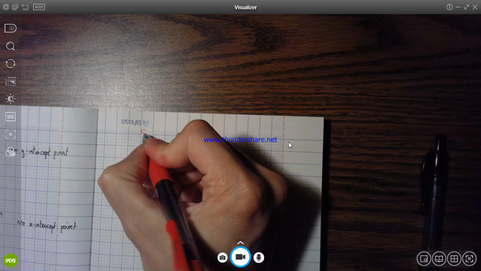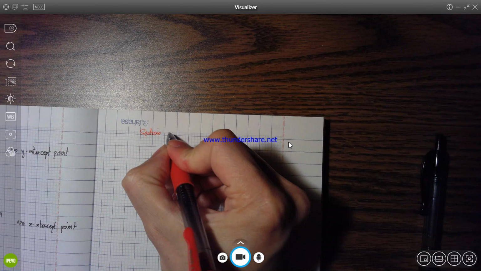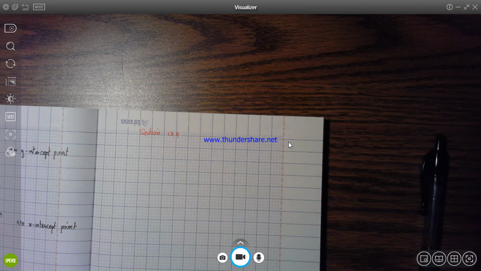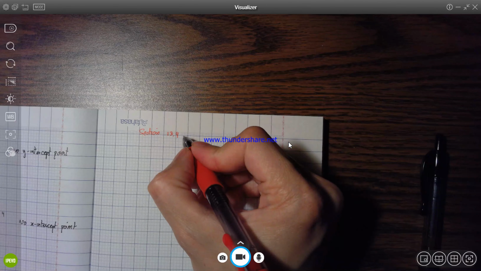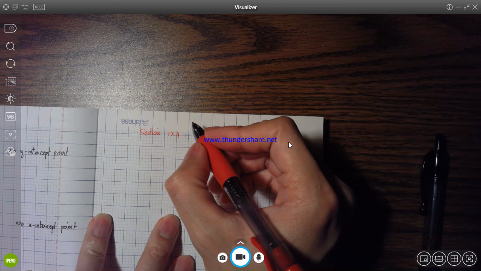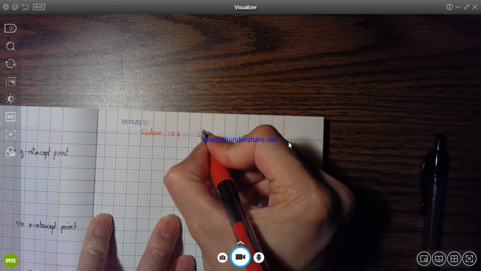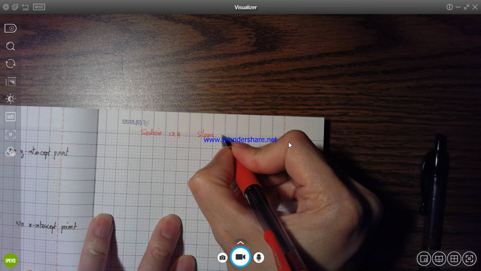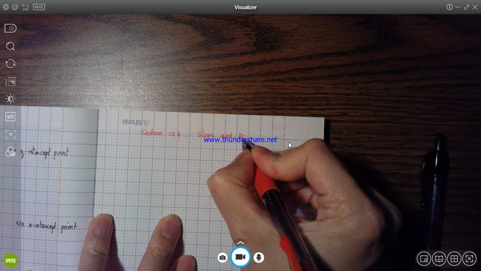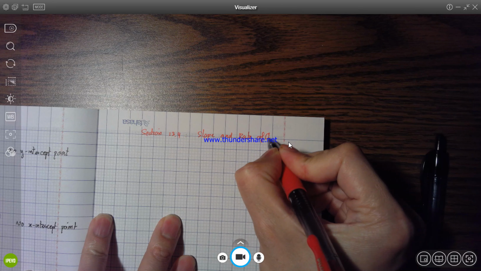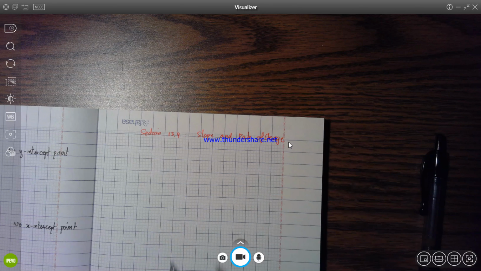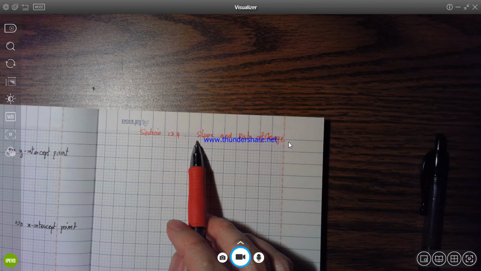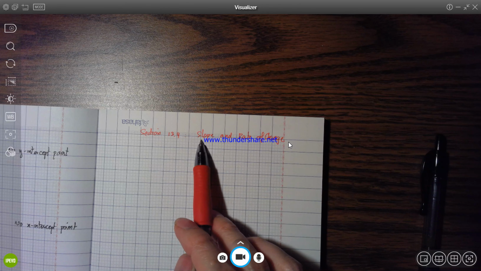Section 13.4. The topic for today is slope and rate of change. Maybe some of you are already familiar with these terms, slope and rate of change.